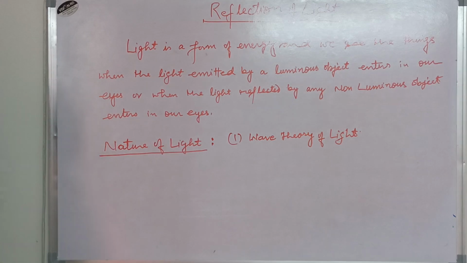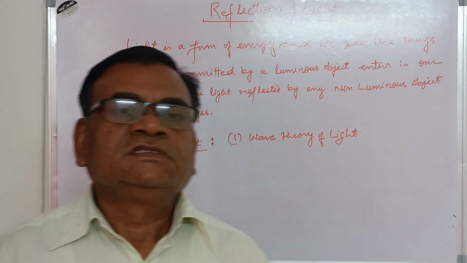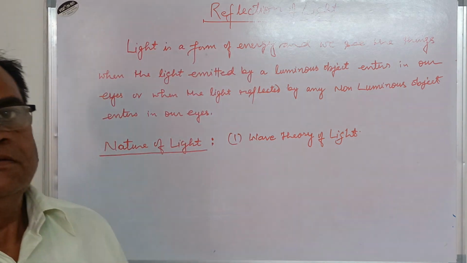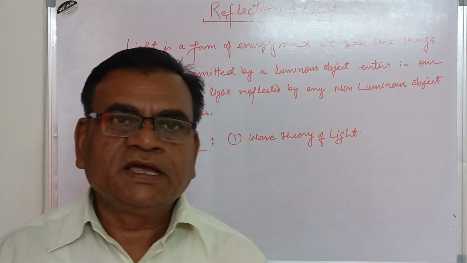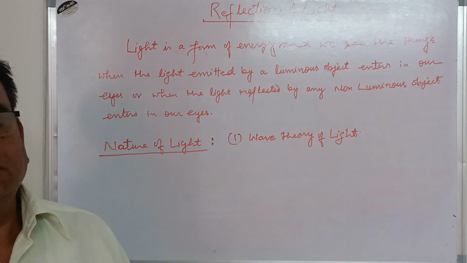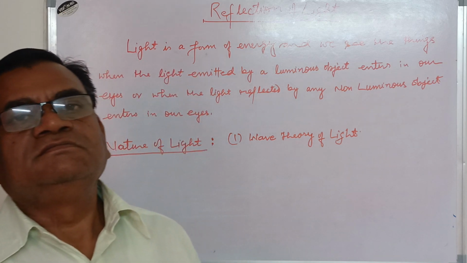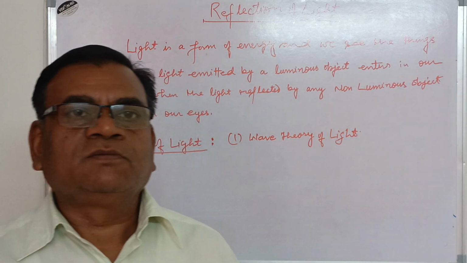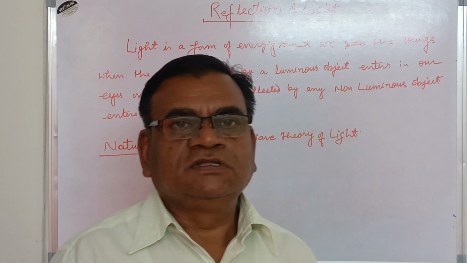In this, the light is consisted of electromagnetic waves. Just like the light coming from the sun, it doesn't need any medium for travel, for propagation, for coming from one place to other.